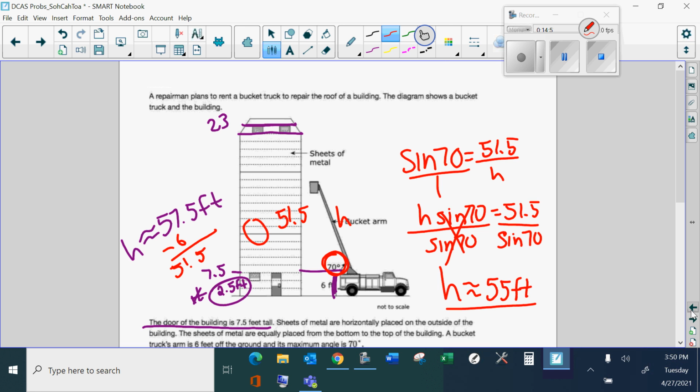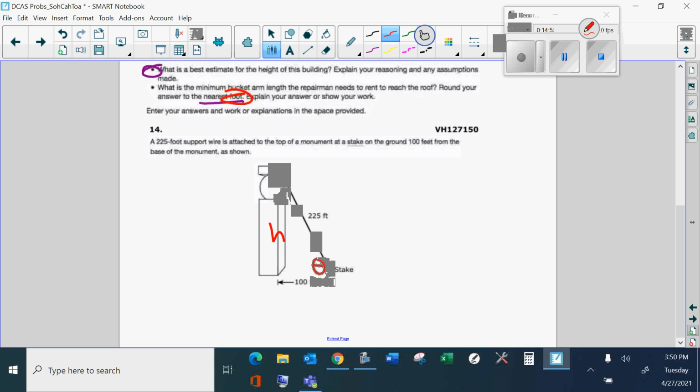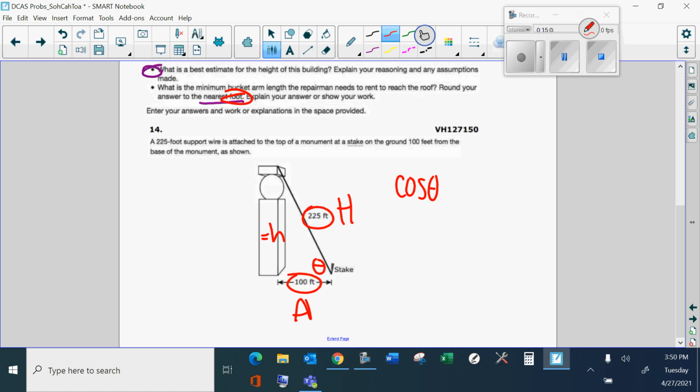And down. We can't use that h we just found because it's approximate. We have to use the exact answers, which are those two right there. So adjacent over hypotenuse: cosine of theta equals 100 over 225. Solve for theta, which means I do inverse cosine on both sides.